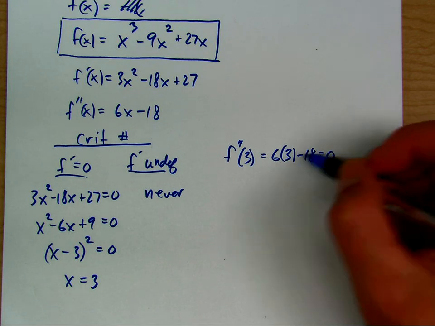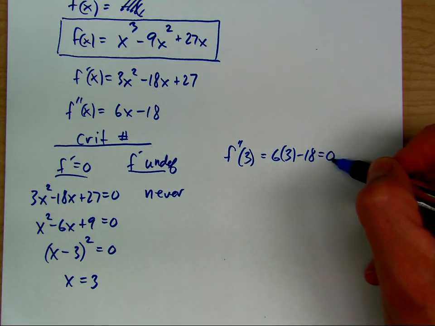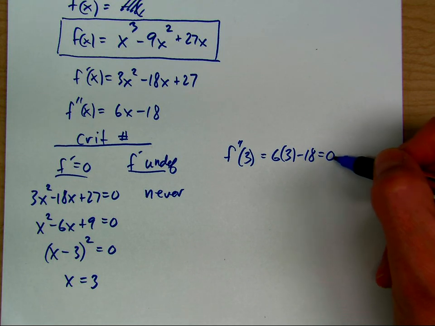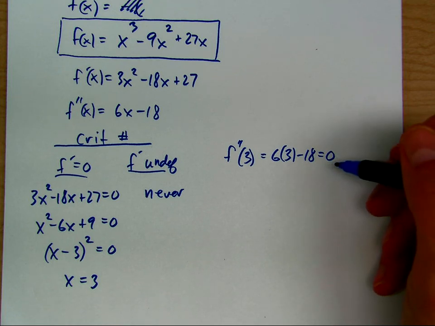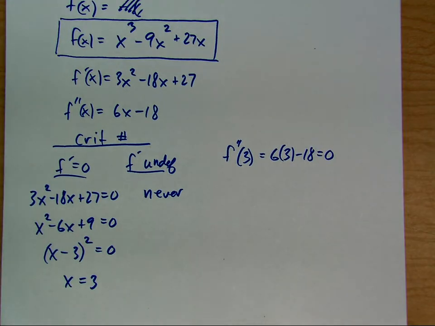We don't know what's happening with the function, if it's a max or a min, probably not. And if we wanted to continue checking, we would use the first derivative test. Okay, and we'll stop there.